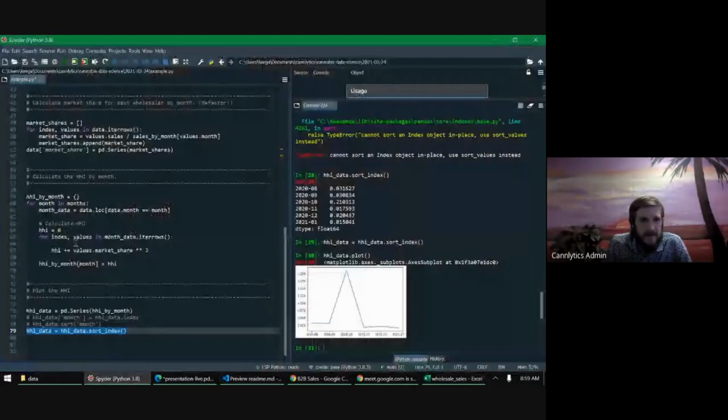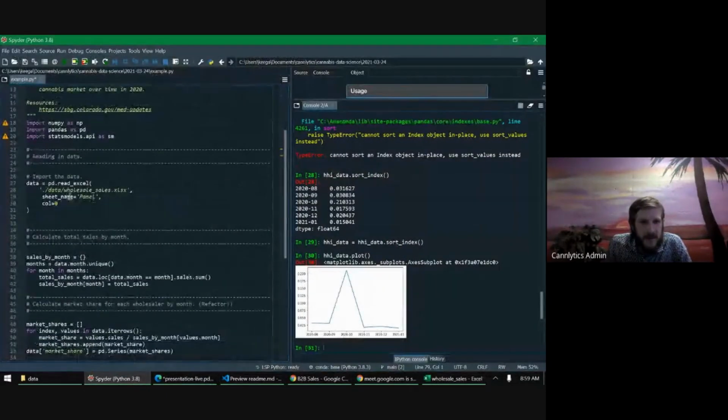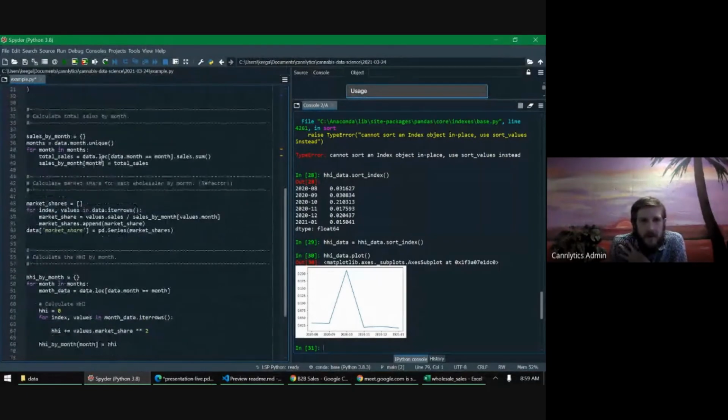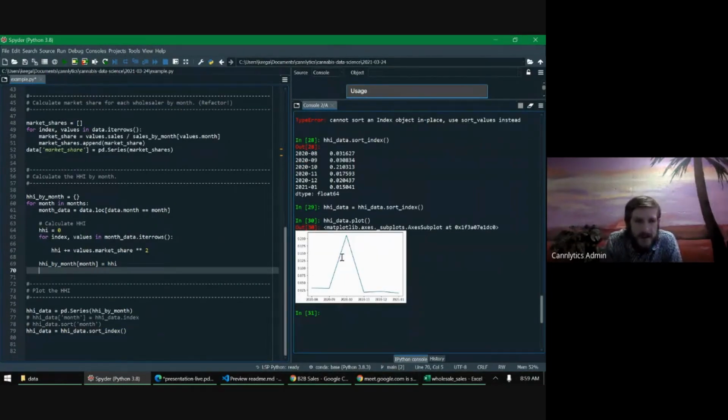We have then read in the data. We calculated sales by month. We then calculated market share for each wholesaler by month. We finally calculated the HHI by month, and we plotted it so we can visualize it.